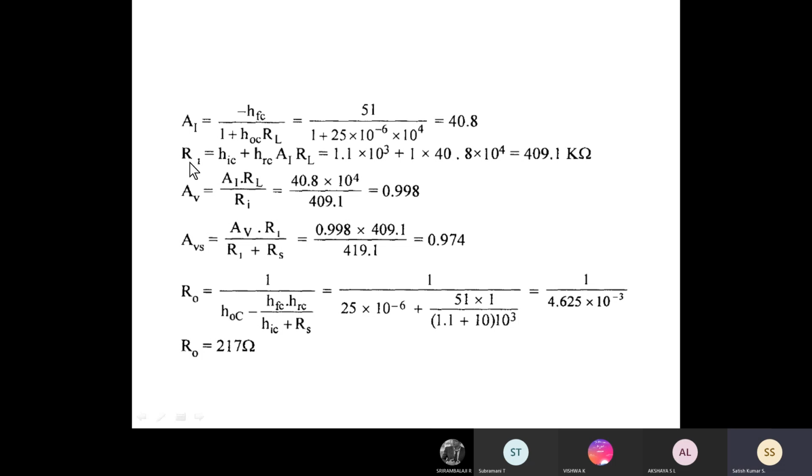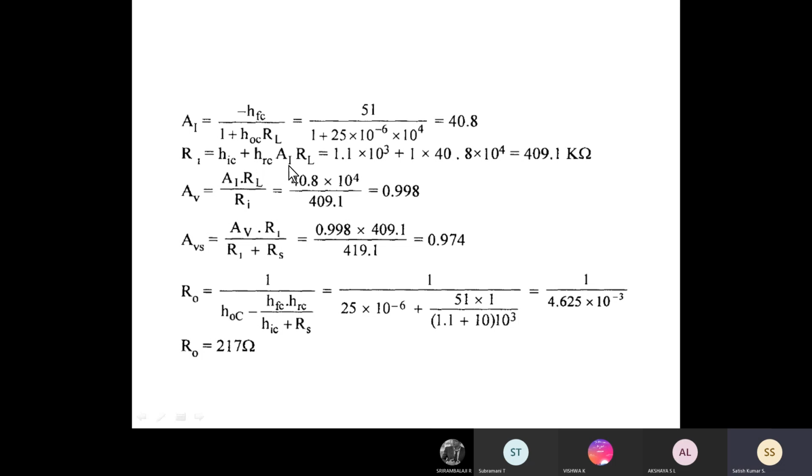In some cases, input resistance is equal to the input H parameter, when the product of those values is less than 0.1. Here, input resistance is HI, the H parameter input, plus HR, the reverse parameter, times AI times RL.